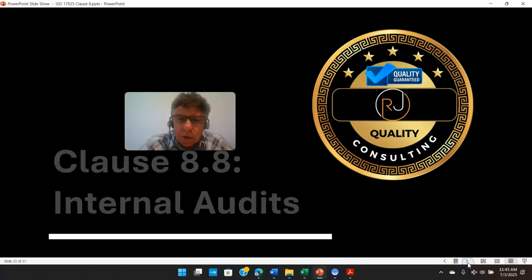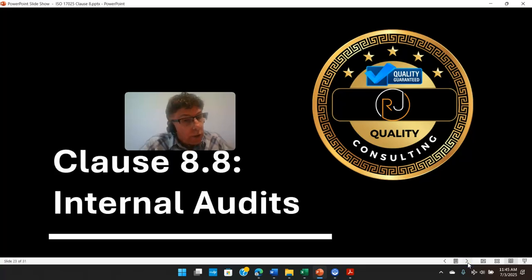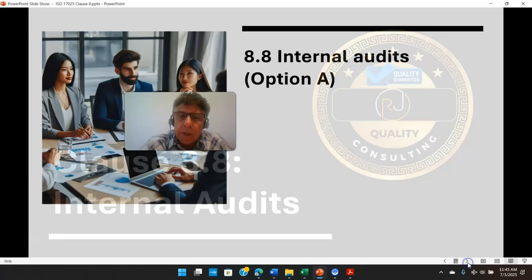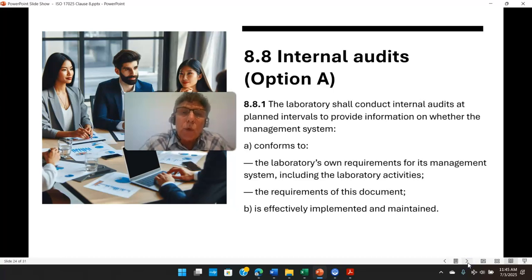So then we get into the next section, which is internal audits, clause 8.8. The laboratory shall conduct internal audits at planned intervals to provide information on whether the management system conforms to the laboratory's own requirements for its management system and the requirements of this document. Again, this document meaning ISO 17025, and that it's effectively implemented.